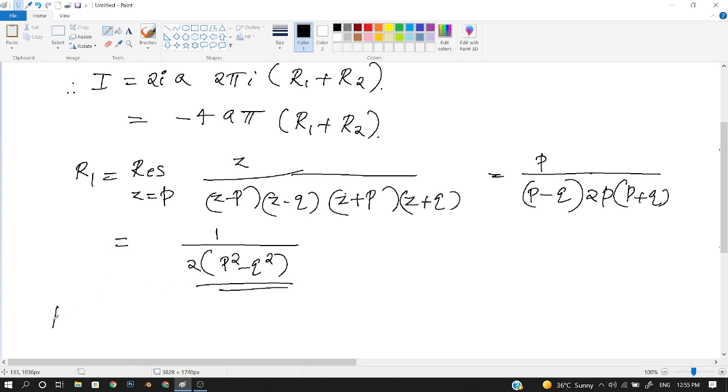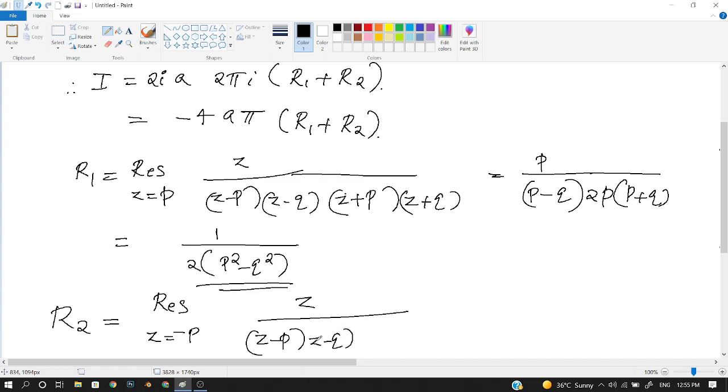Similarly, we can calculate a residue at minus p also. Residue at z is equal to minus p. This is z by z minus p into z minus q into z plus p into z plus q.